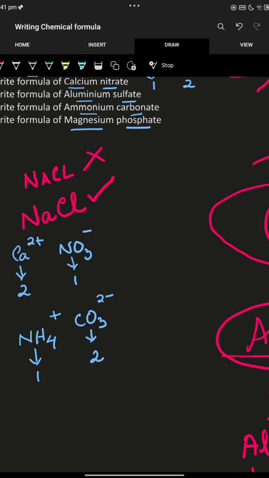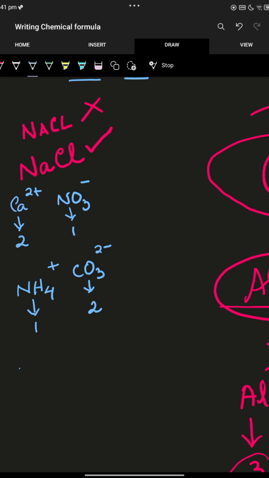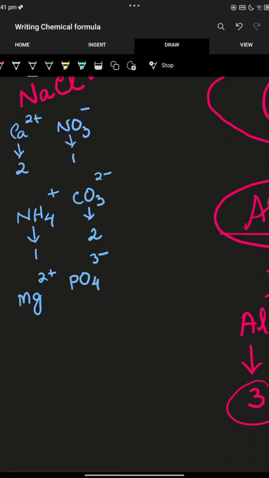Magnesium phosphate. Magnesium is Mg2 plus. Phosphate is PO4 3 minus. So Mg having valency 2, phosphate having valency 3. So I think you can do the crisscross and find out the formula.